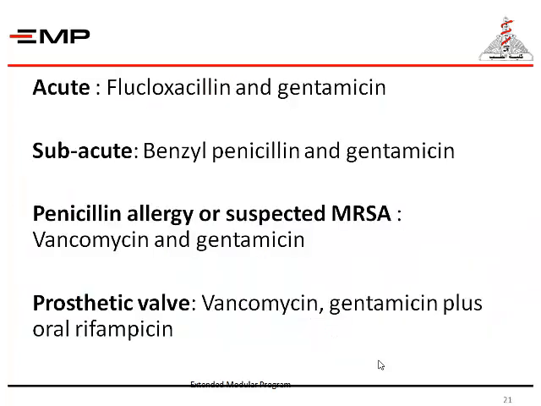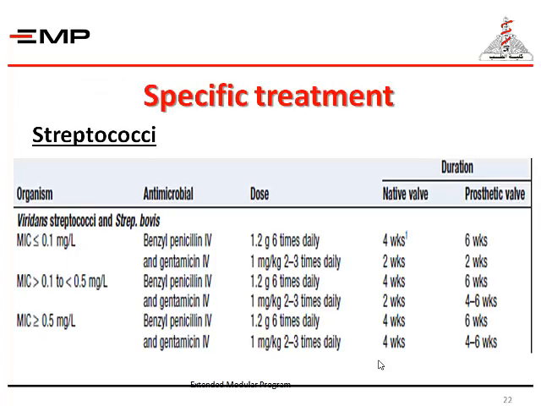It's important to note that we start empirical antibiotics before the results of blood culture. After the results of blood culture, we can start specific treatment according to the sensitivity.